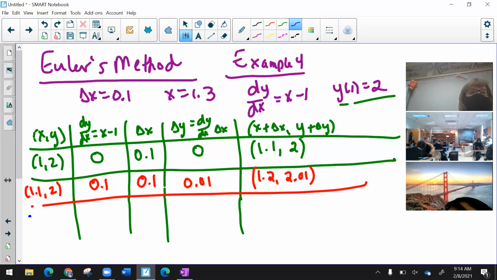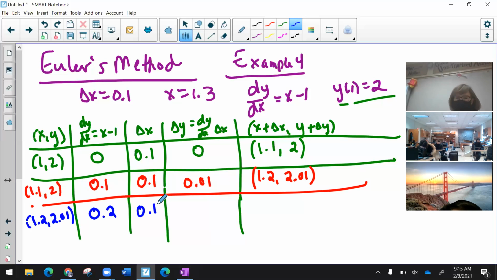And again, that becomes my new point. Okay. So what's dy/dx going to be? 1.2 minus 1. What is it? 0.2. My delta x is still 0.1 because I'm moving over by the same amount every time.